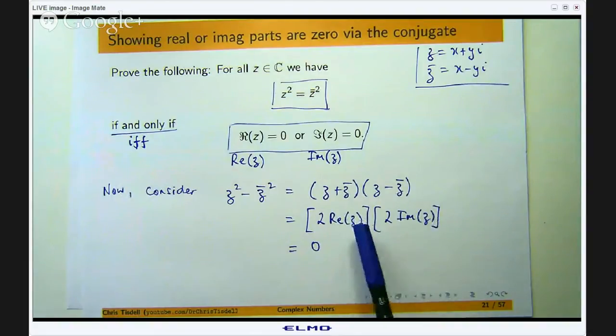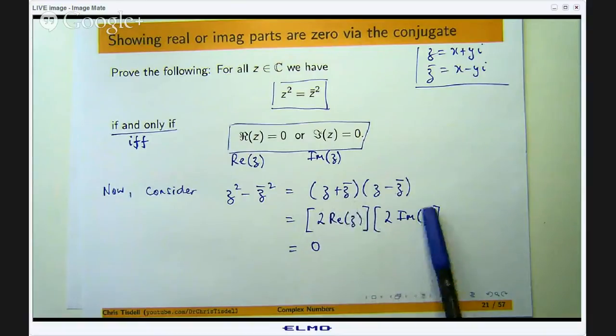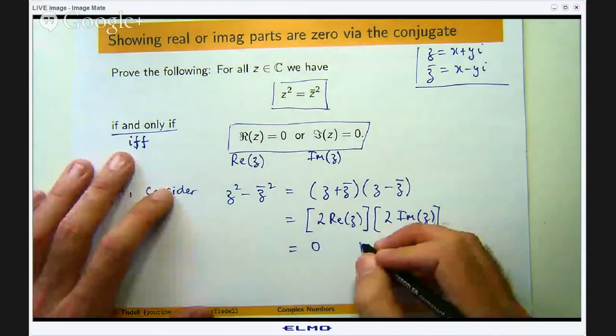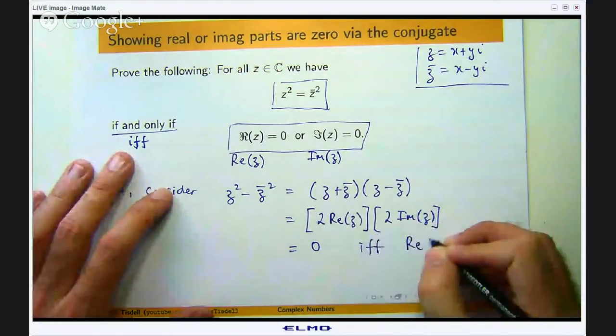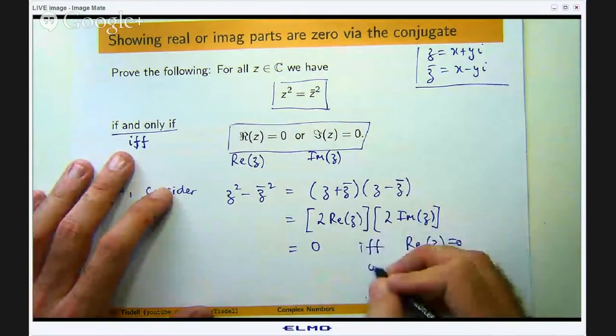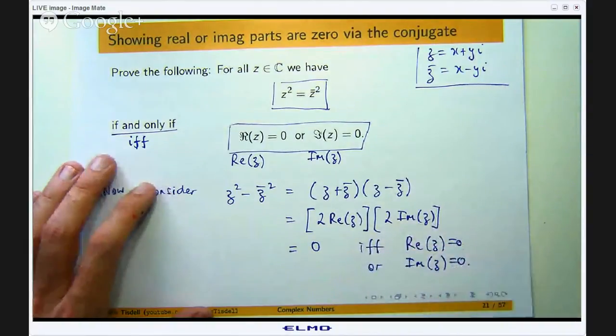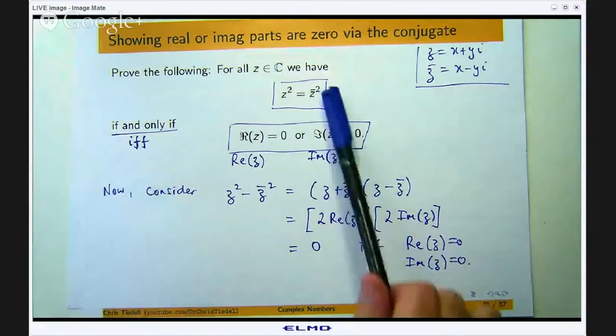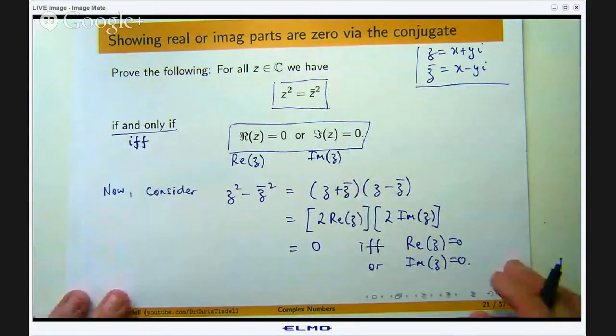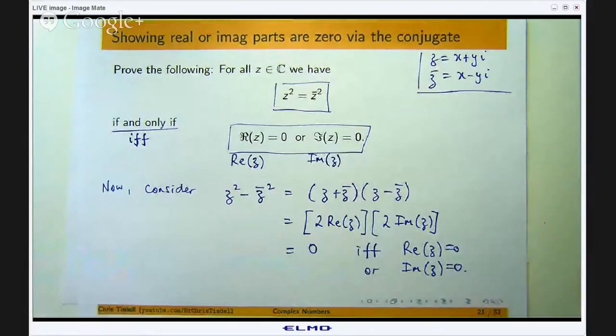So for this to be 0, the real part of z is 0, or the imaginary part of z is 0. I've actually just shown what we were asked to show. We've shown that this is 0 if and only if this is 0 or this is 0. So that's the proof.